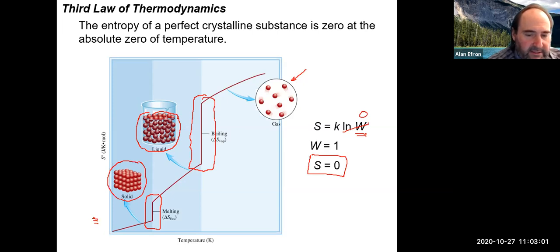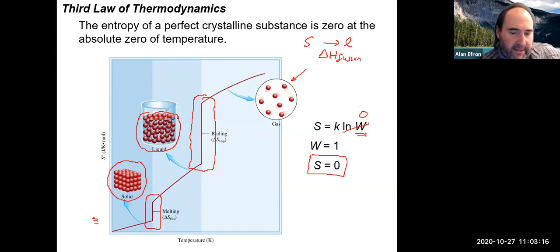And remember that transition between solid and liquid, if you remember, as you go from, say, solid to liquid, there's a certain amount of heat required to do that, and that's the delta H of fusion. And that's what we see here. This is the delta S of fusion. It's that entropy change that occurs at the same temperature at that plateaued part.